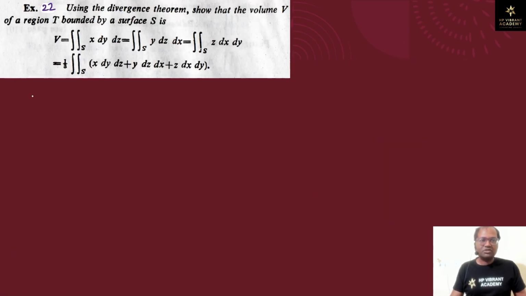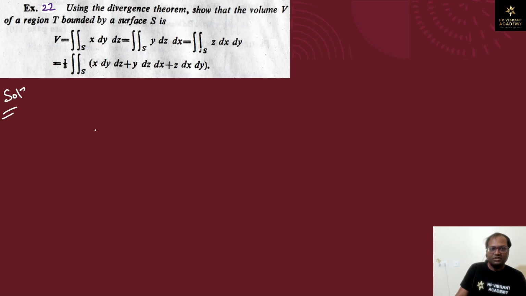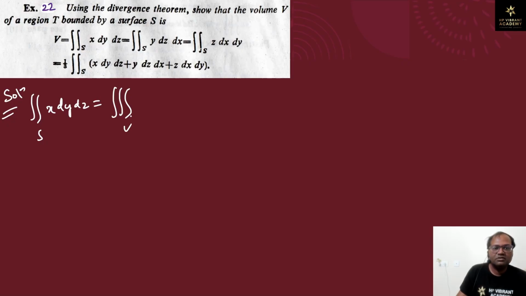Let us discuss question number 22. How can we solve this? Using divergence theorem, show that the volume V of a region T bounded by the surface S is given by this particular expression. Using Gauss divergence theorem, we can express the surface integral of x dy dz as volume integral of del upon del x of x dx dy dz.